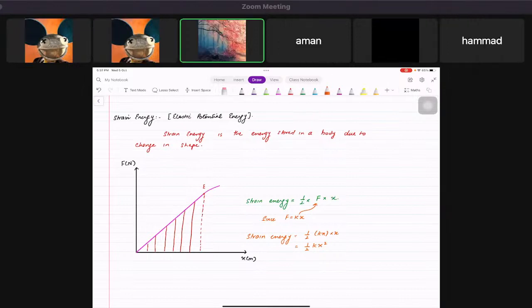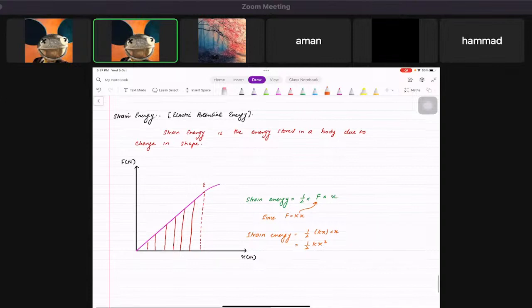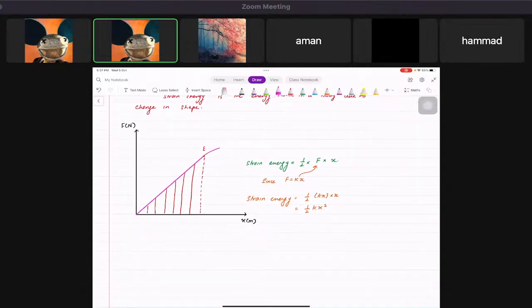Will we calculate K over here from this graph? Yes, sir. Yes, you can do it. You can do it by taking the change, right? K can be calculated by just taking the gradient here. So what I'm saying is that for elastic potential energy or strain energy, there are always two formulas.